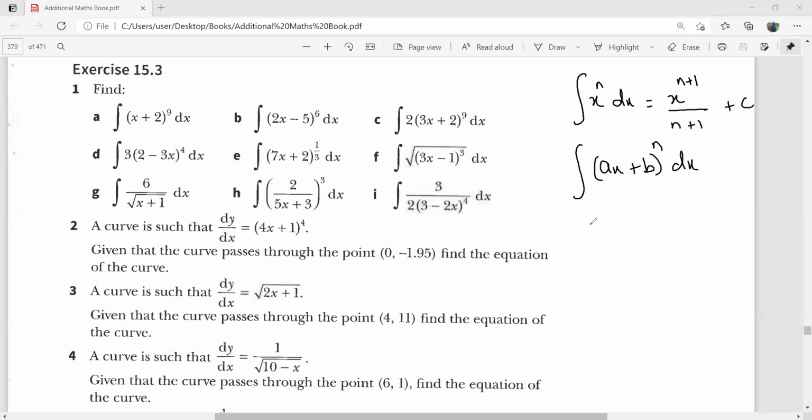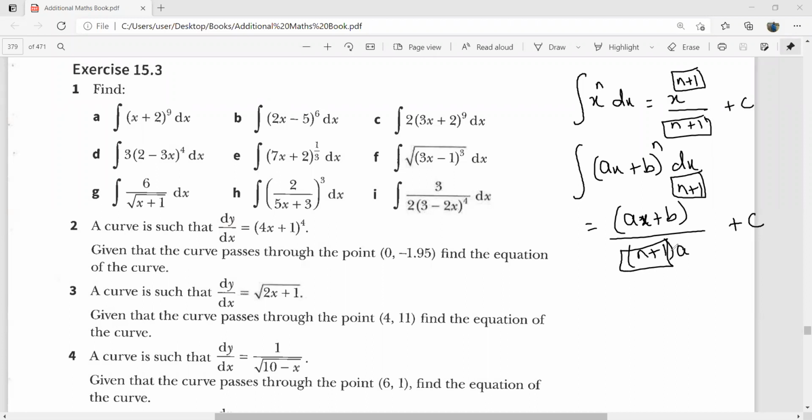So this is going to be (ax plus b) to the power n plus 1 over n plus 1 times a. Here a is the derivative of ax plus b. So this has a lot of resemblance with the earlier rule. You have n plus 1 here, and n plus 1 in the denominator.